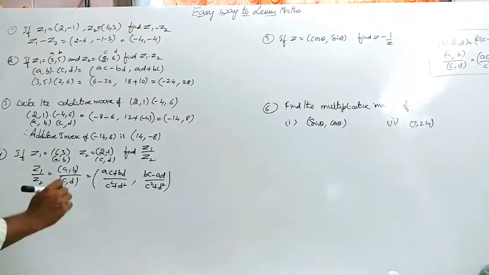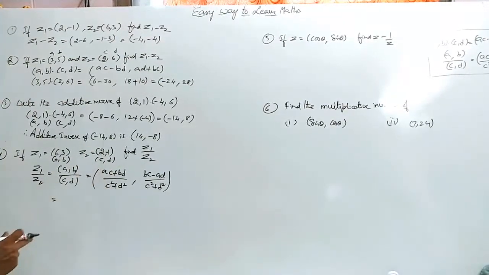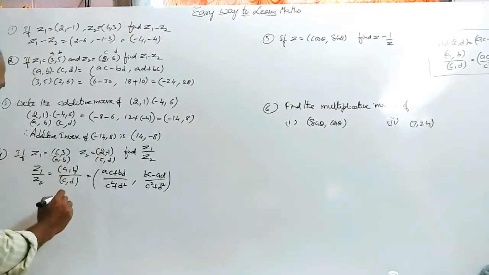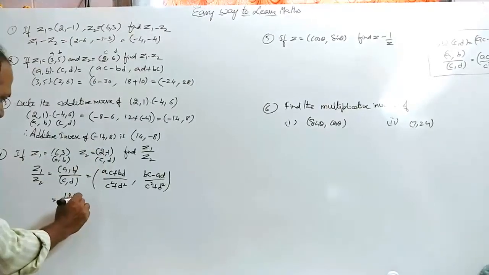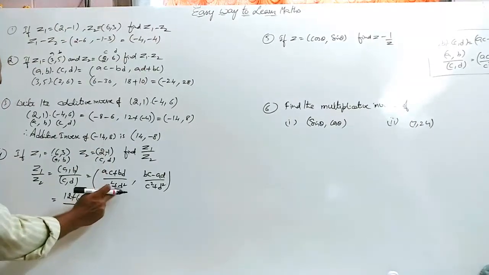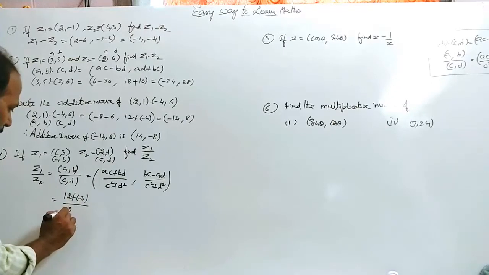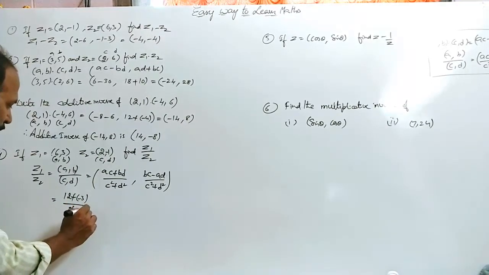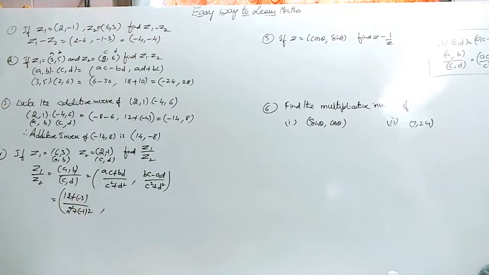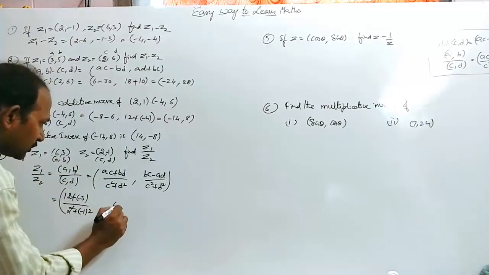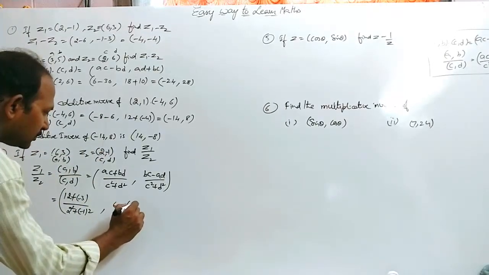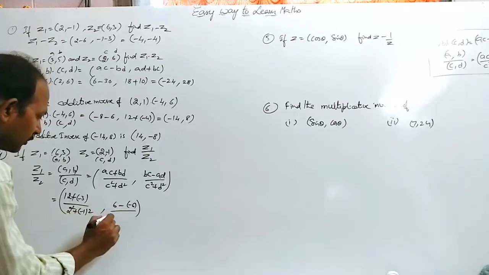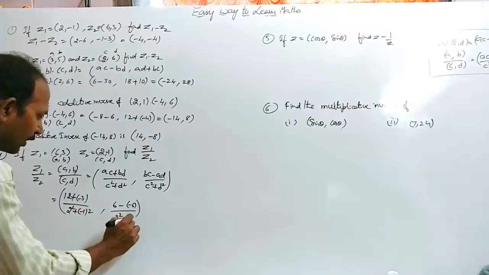Let us substitute. Therefore that is equal to ac + bd: 6 into 2 is 12, plus bd: 3 into -1, minus 3, by c² + d²: 2² + (-1)², comma, again bc - ad: bc is 3 into 2 is 6, minus ad: 6 into -1, minus -6, by again 2² + (-1)².